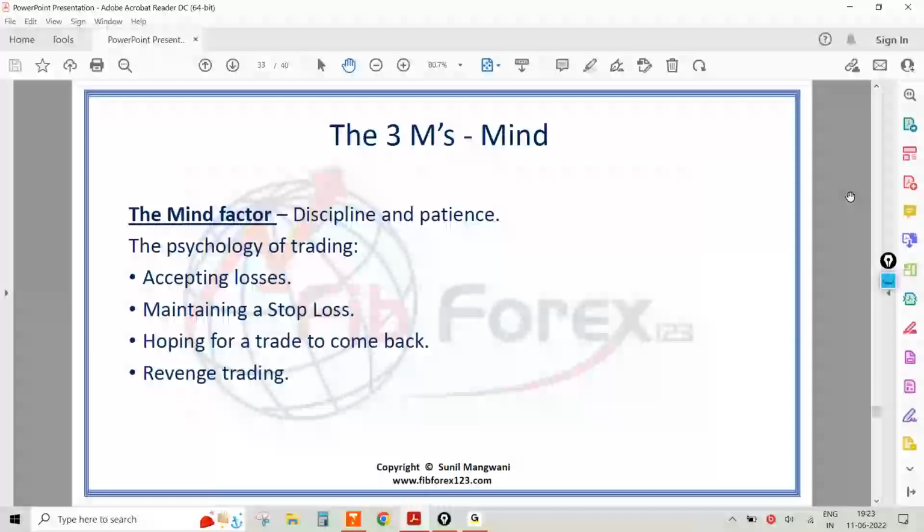But the more you trade and the more you accept your mistakes and see where you've done that, the more successful you will be. So I call it that your mind factor is a skill that has to be developed, which comes from experience, which comes from the fact that you cannot become a successful trader overnight. It takes time. Right? So that's the mind factor.